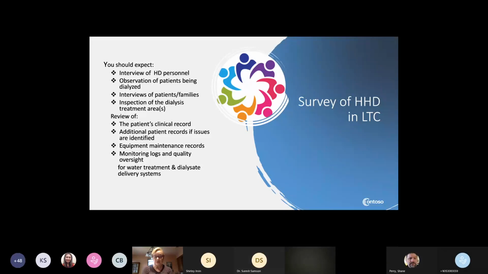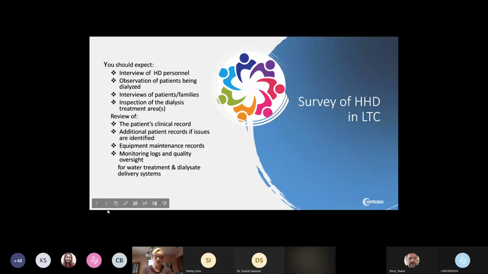So what you would expect of a survey in the long-term care setting for home hemodialysis or for peritoneal dialysis would be that the personnel that are actually delivering the care would be interviewed, patients that are being dialyzed would be observed, and patients and families, if they're available and able, would be interviewed as well. And then certainly the area where the dialysis treatment is occurring will be inspected.